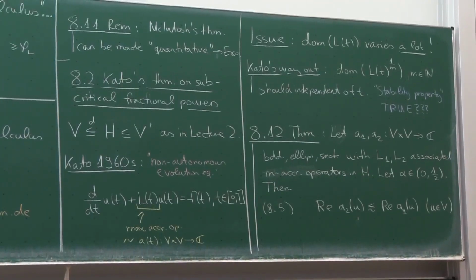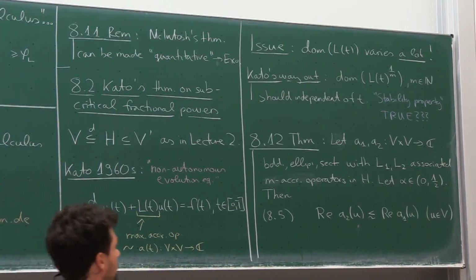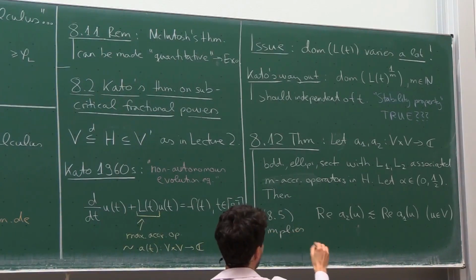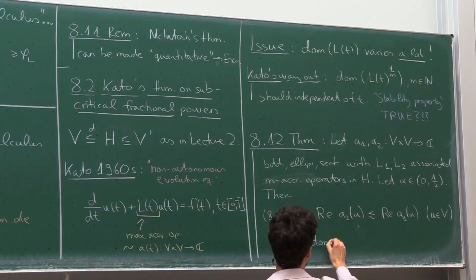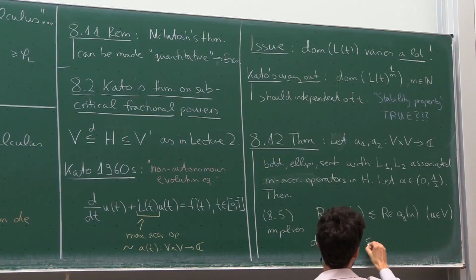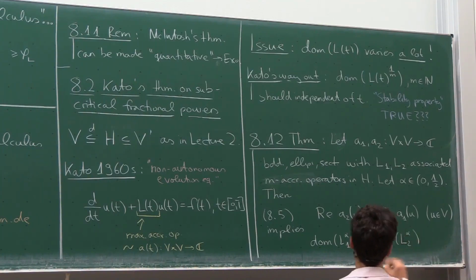If I can compare the real parts of the quadratic forms, this implies that the domain of L1 to the alpha is contained in the domain of L2 to the alpha.